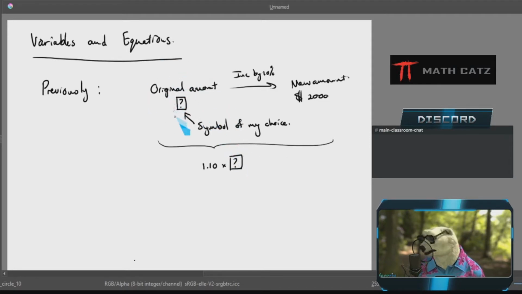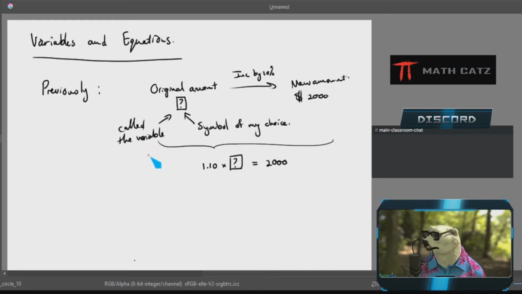And there is a number, I just don't know the number. I need to give this number a temporary name while I'm still in the process of figuring out what it is. That will be called the variable.